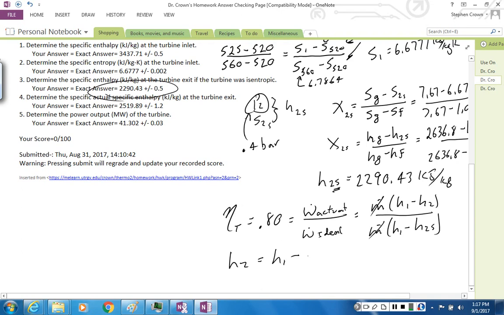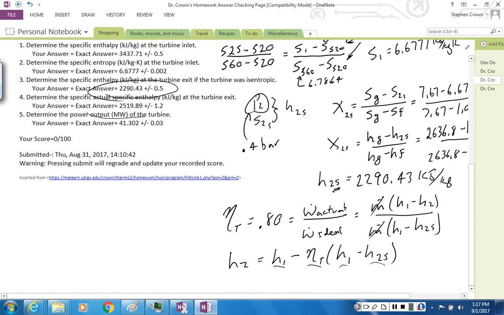And I get that h2, just with some algebra, equals h1 minus 0.8 times h1 minus h2s. Or, since I'm not putting in values yet, the turbine efficiency times h1 minus h2s. So now I have h1, turbine efficiency, h1, and h2s, so I can solve for h2.